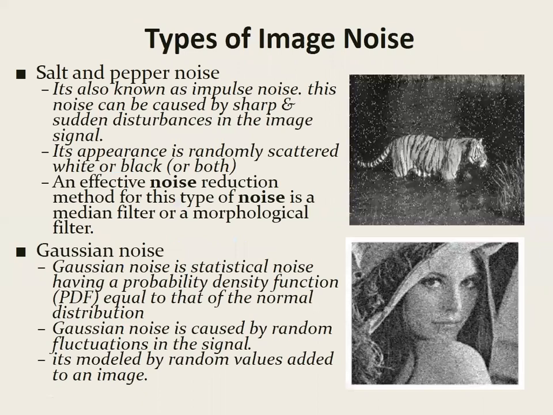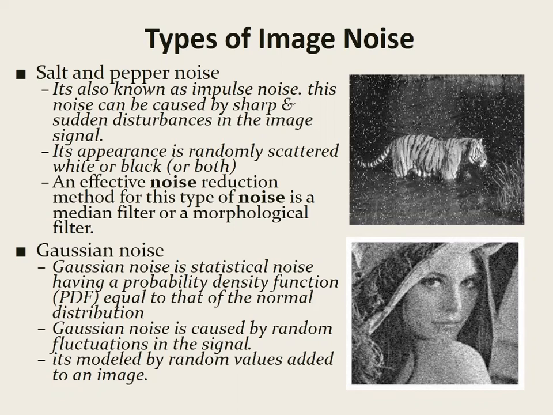When we are looking at noises that may happen in a given image, there are basically 4 types of noises. The major one is the salt and pepper noise, a noise which is affecting the image overall, distributed over all the image.